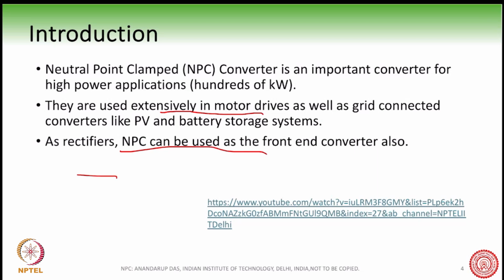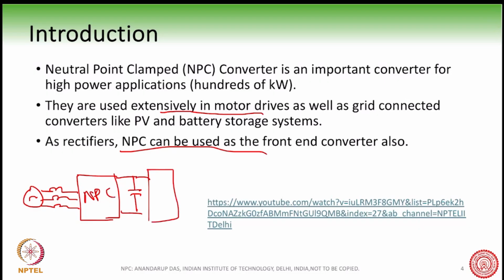For example, you can use NPC here, and here you have your grid. This is three phase, and then you can have a DC link, and then you can have another NPC. This is a back-to-back NPC, which can go to a motor drive. We have seen this kind of structure in a back-to-back voltage source converter.